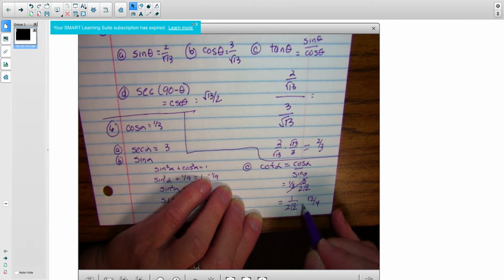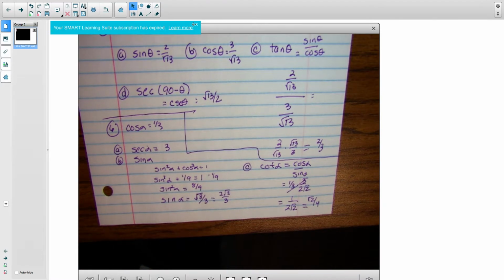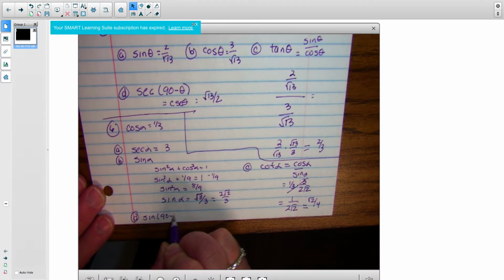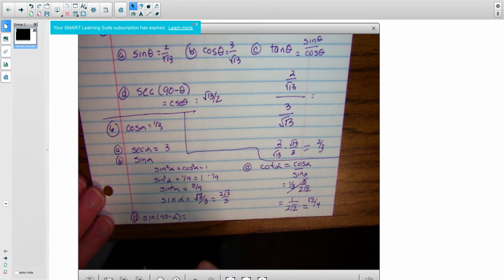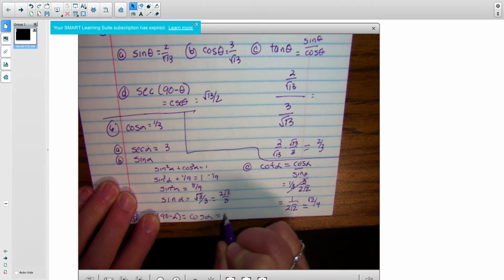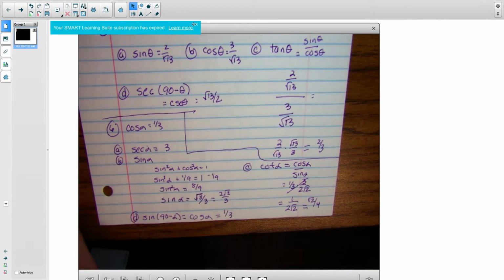If you want to check the answers, you can leave it like that. Then from your notes, sine of 90 minus alpha is the same as cosine, which is 1/3.